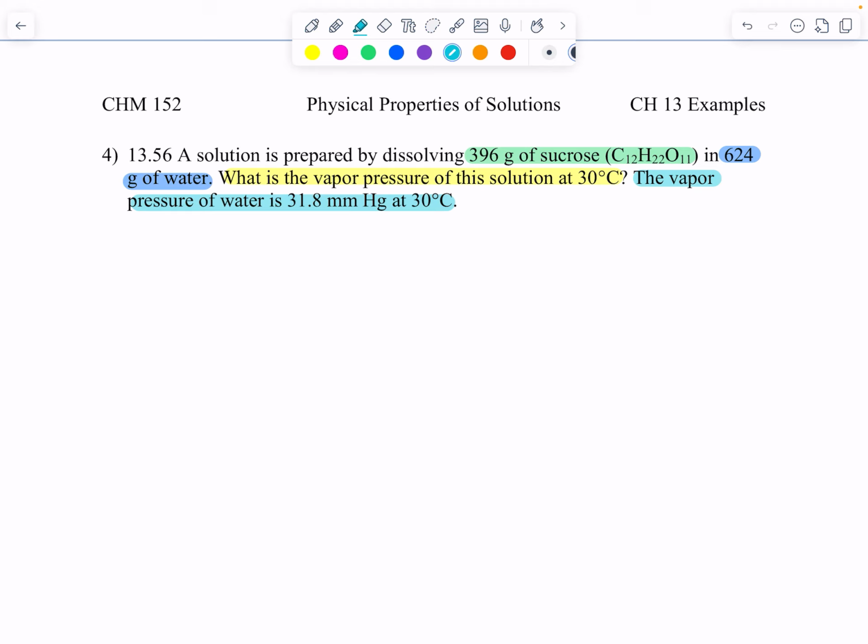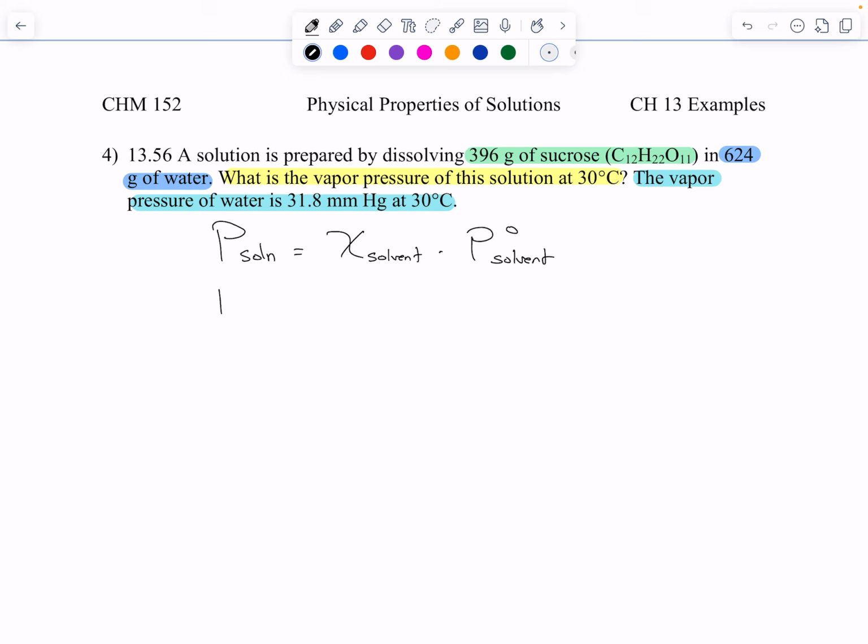So when I see vapor pressure, we have a solute and a solvent, and then the vapor pressure of a solution. And sucrose is a solid; it doesn't really evaporate. So I'm thinking that the vapor pressure of the solution would be equal to the mole fraction of solvent times the vapor pressure of pure solvent.